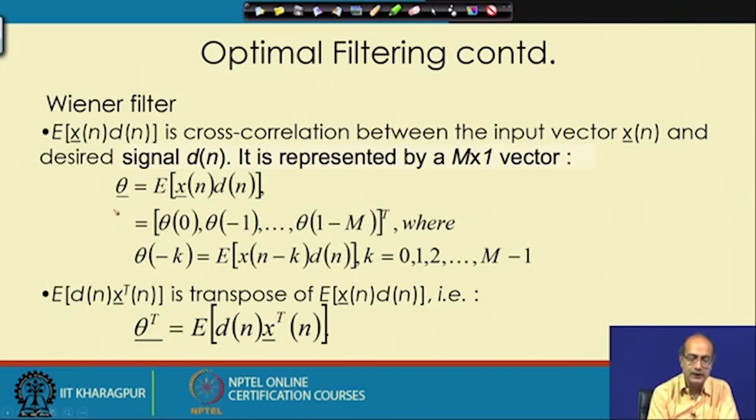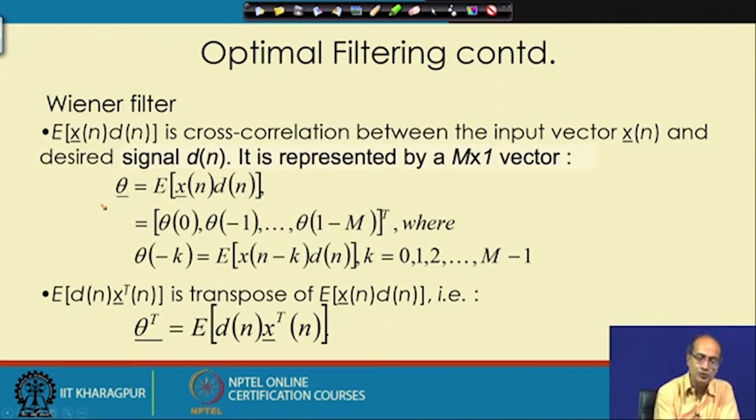Here we should note one thing, that we have not given any time index. Theta is not a function of time. Why is it so? Because we have assumed both signals are stationary, so the cross correlation of that kind of signal does not change with time.